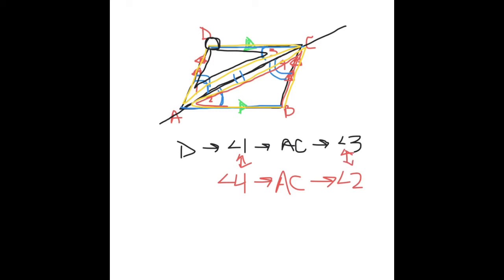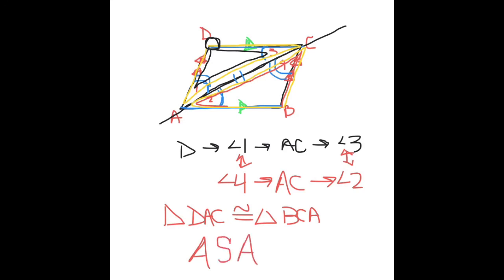So these two triangles, triangle DAC is congruent to triangle BCA by angle, side, angle.